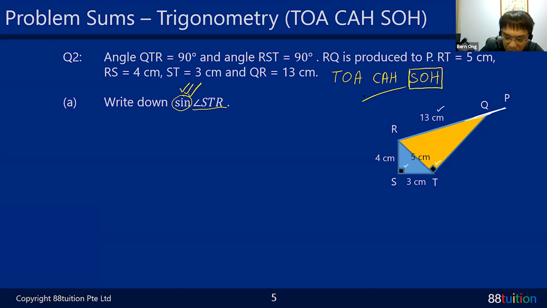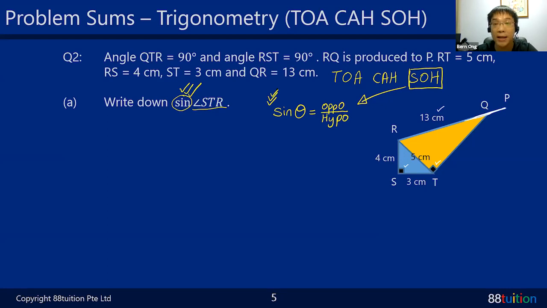What is the secret formula here? It's actually sine followed by an angle, we call it theta, is equal to O over H. O is the opposite, and H is the hypotenuse. Usually I'll write out the general formula first. This is the general formula for sine theta in a right angle triangle.